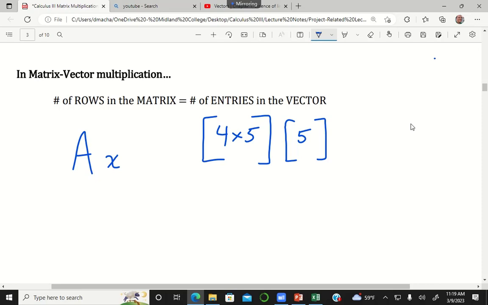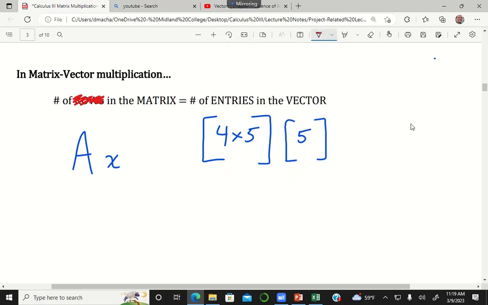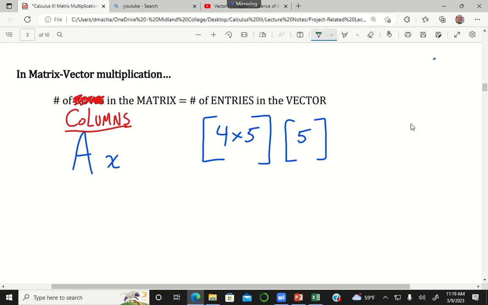Oh shoot, I think this is completely wrong, hold on. That should be columns. That's important. My bad. So the number of columns in my matrix has to be equal to the number of entries in my vector. So if I have a 4 by 5 matrix, meaning I have 4 rows and 5 columns, then I have to have a vector with 5 entries.